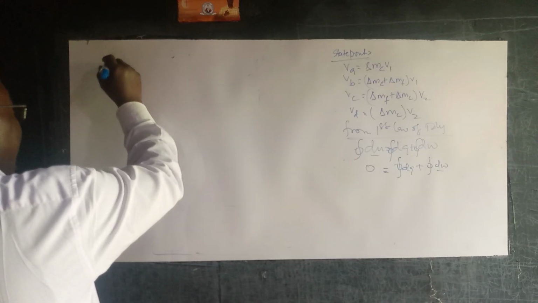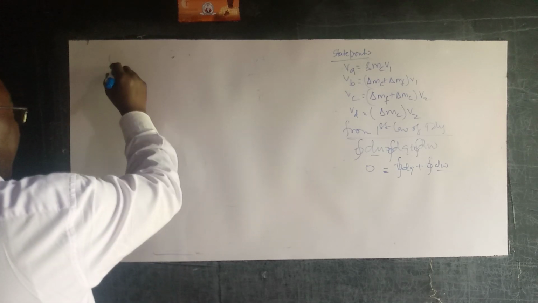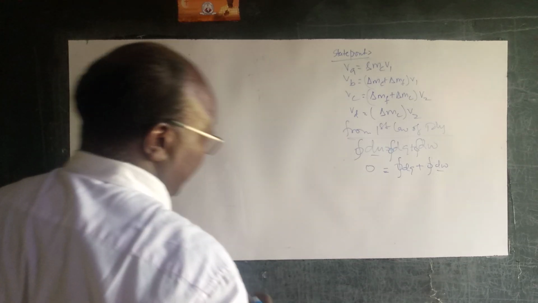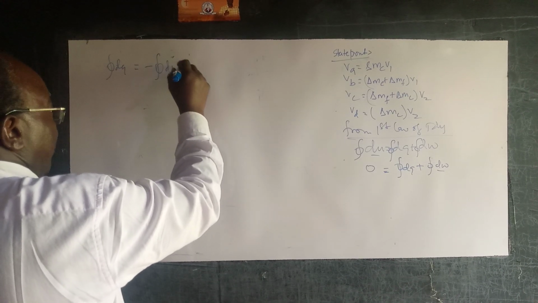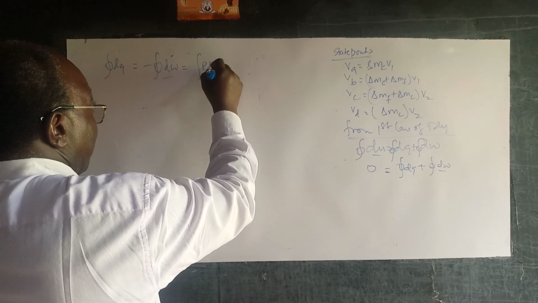So what we have here is the cyclic integral dq is minus the cyclic integral for dw, and the cyclic integral for dw is pdv.